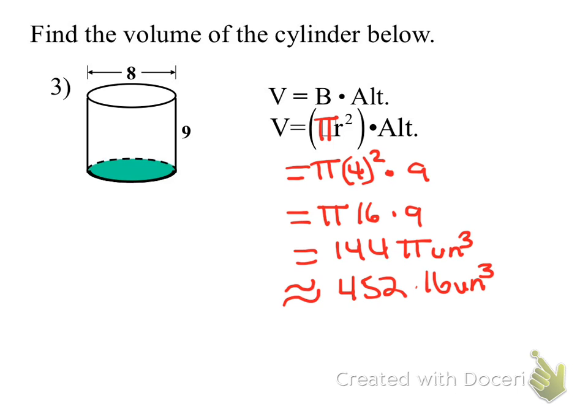So this is exact, and this is estimated. For the exact, did you multiply 16 times 9? Yes, and 16 times 9 is 144. How did you get the 452? I multiplied pi times 144.